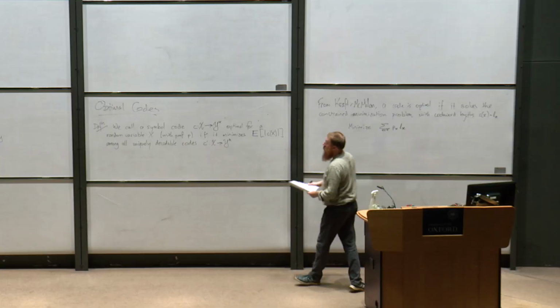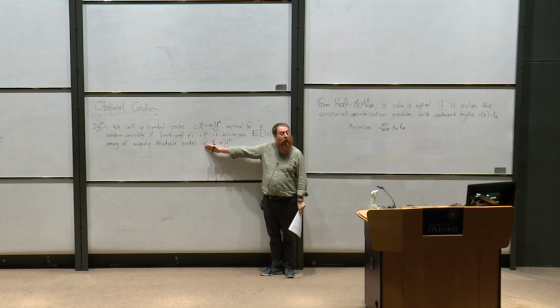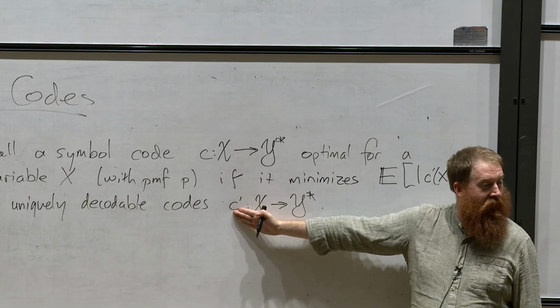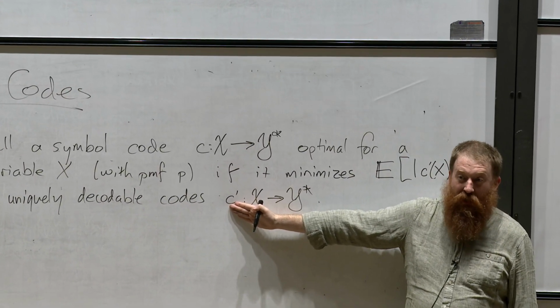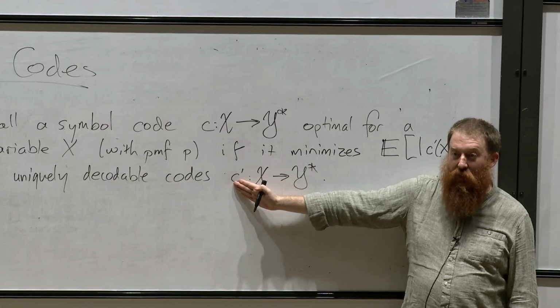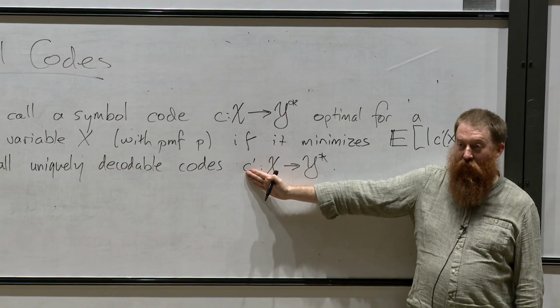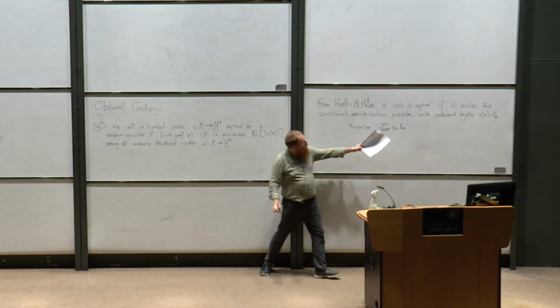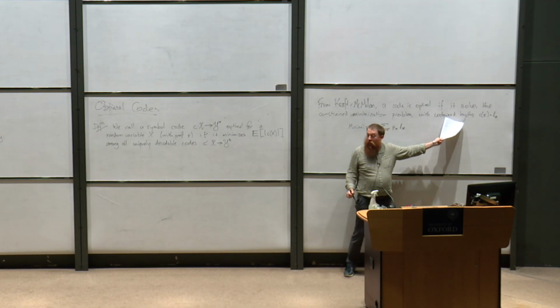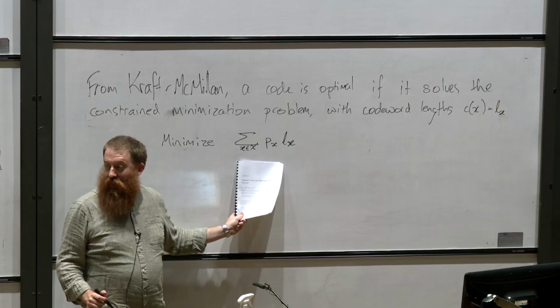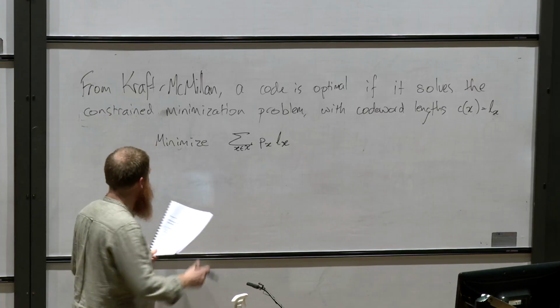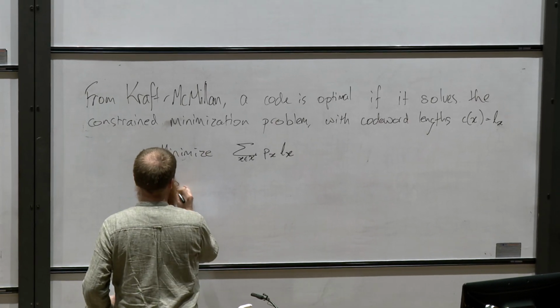But I know that I have this restriction to uniquely decodable codes. But we know that anything that satisfies the Kraft-McMillan inequality, we can construct a code with those code word lengths, and vice versa. So I can think of this just as a problem on code word lengths, minimize this subject to the Kraft-McMillan inequality.